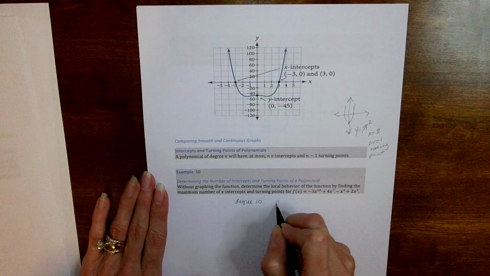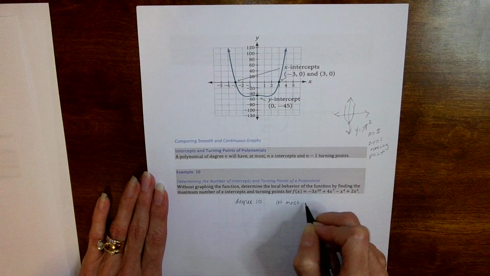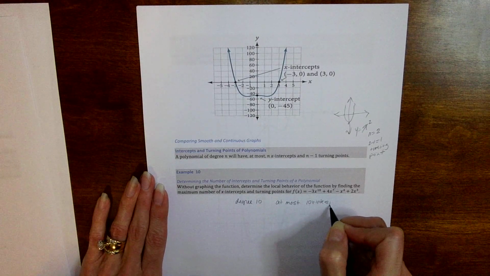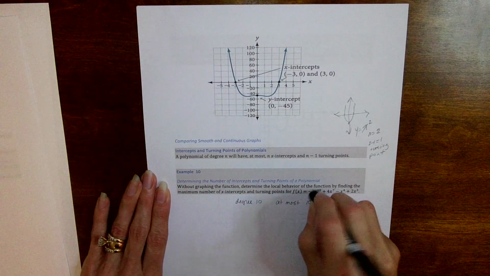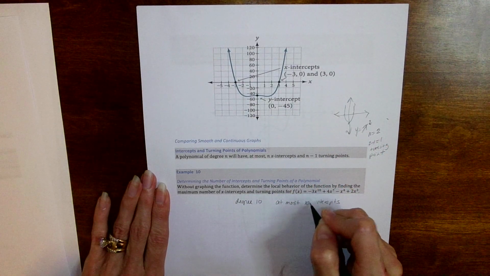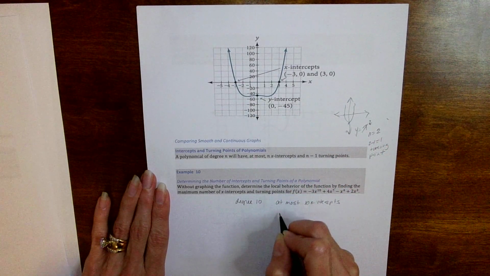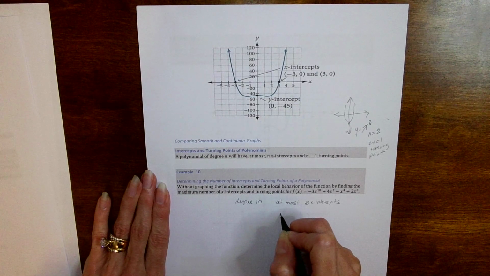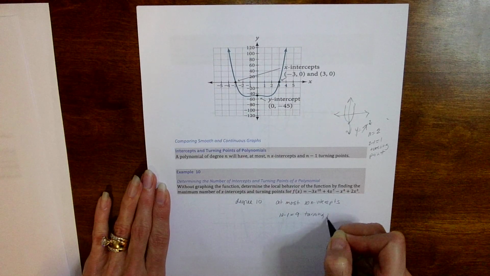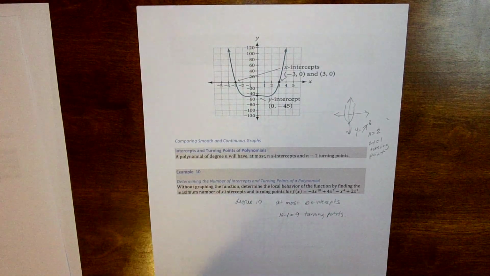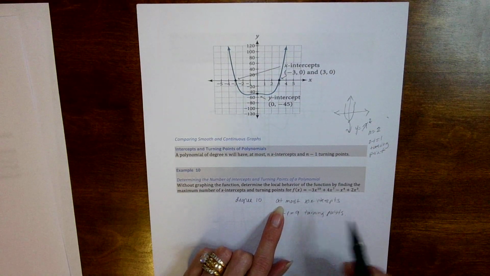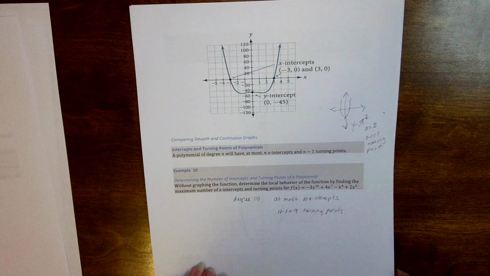So I have at most, I can have less than that, 10 x-intercepts and 10 minus 1, which is 9 turning points. My handwriting is atrocious, I apologize. And why we say at most, because some of those intercepts can be imaginary and they won't show up on the graph.